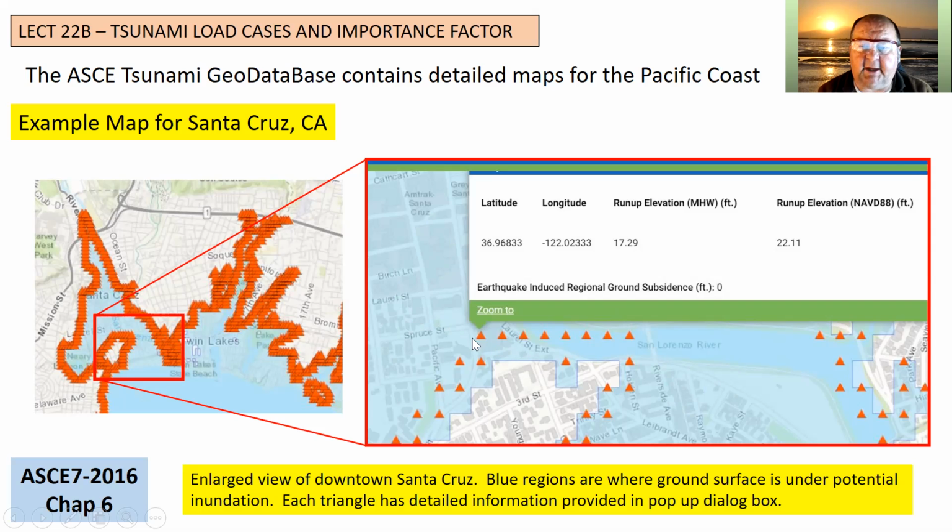If I click on any of these triangles, then it actually tells me what is the run-up elevation based on the NAVD 88 for that location. So this edge of this blue line is the inundation distance and the elevation where I expect flooding to occur.